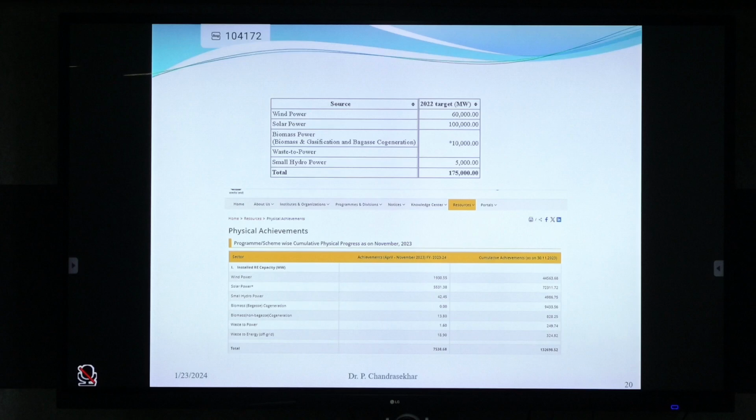Wind power is 44, but for 2022 our target was 60. Solar power target was 100, but we have 72. Small hydro, we have 5, and the target was 5. And the rest is minor generation. So majorly in India, when it comes to renewable energy sources, it is wind and solar, but we are falling short of the targets that we set.